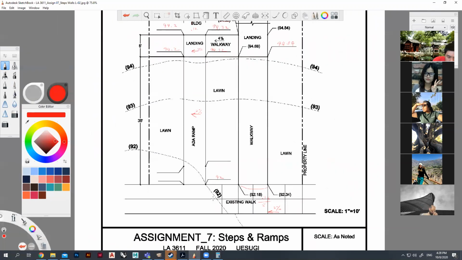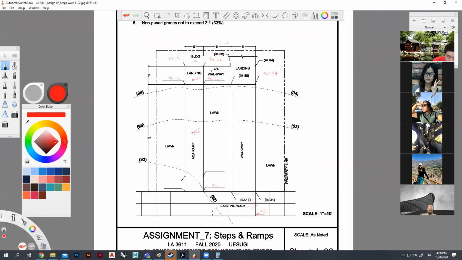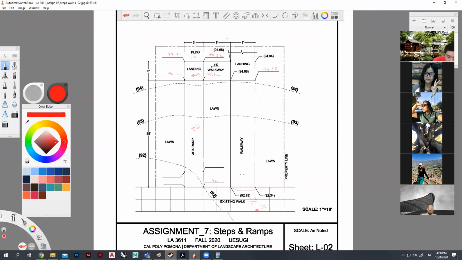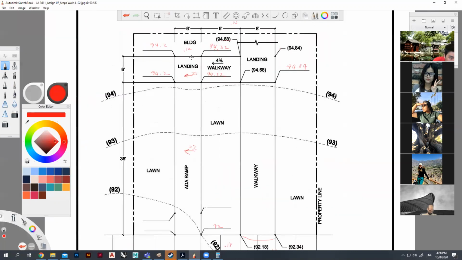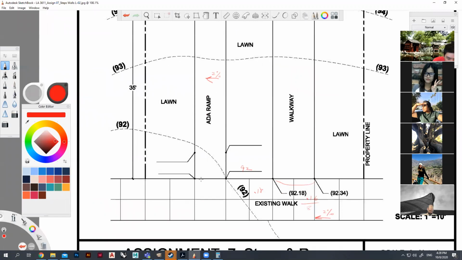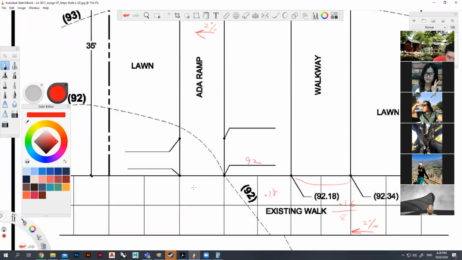We use that 2% to find this number if we want to verify. There's 9 feet across that. 9 feet with 2%, we get 0.18. Subtract that from 92.18 and you get 92. Over here, we got 6 feet across on this side. So you multiply 6 feet with our 0.02 slope, and we get 0.12. Subtract that from 92, and you get 91.88.